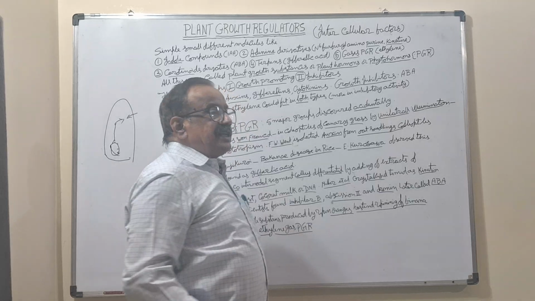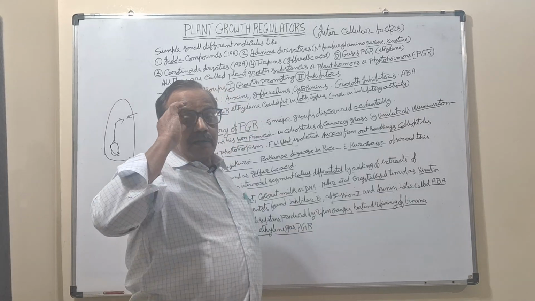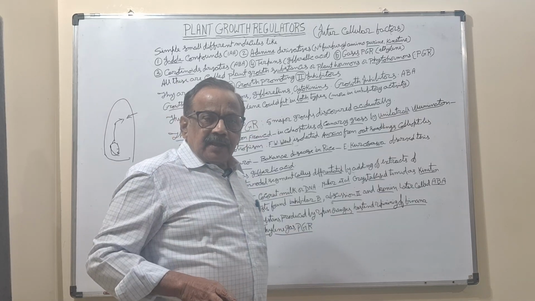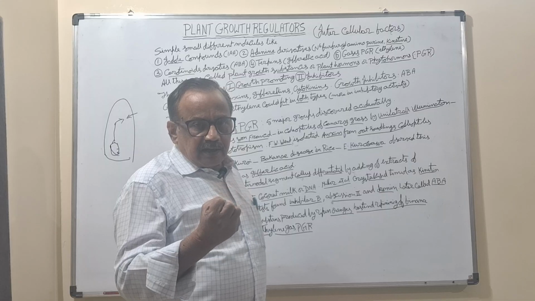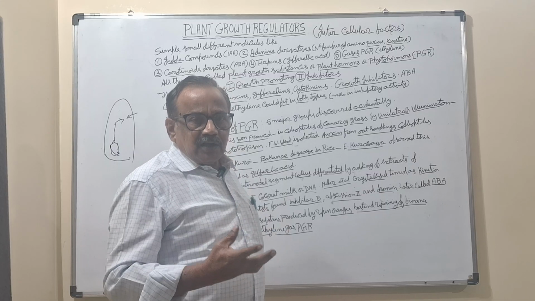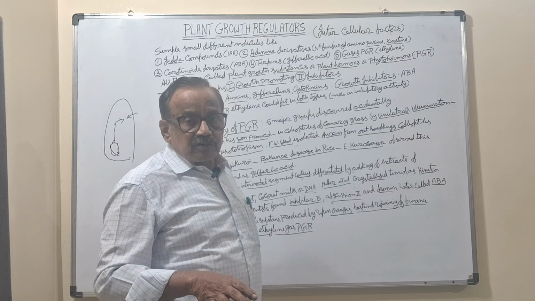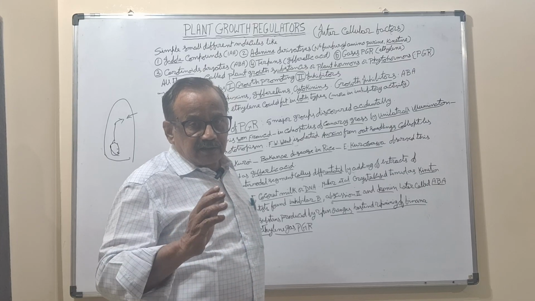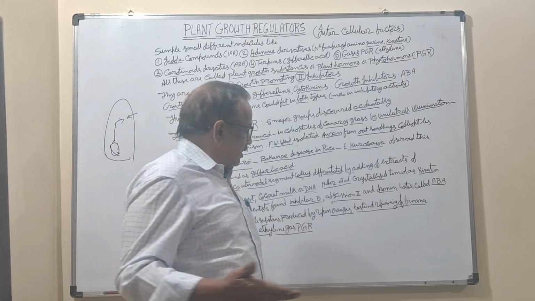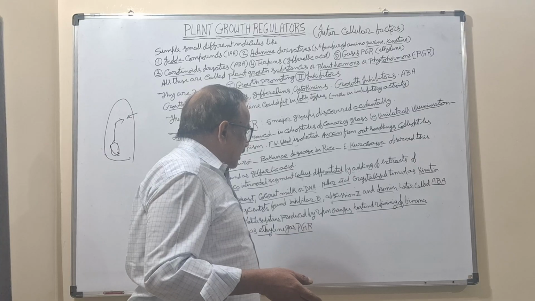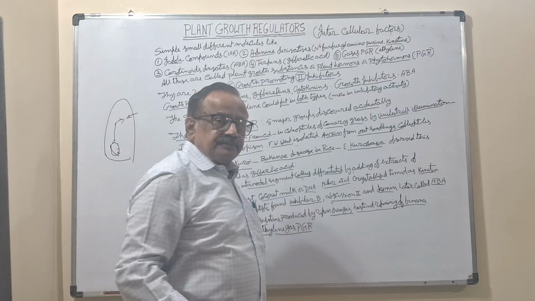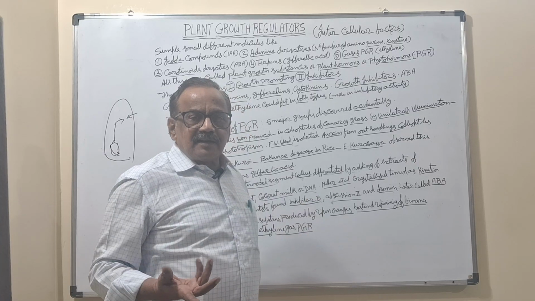Inhibitor B is used to inhibit in unfavorable conditions, such as the closing of the stomata, which you already studied. And when a wound is formed, at that time also it inhibits the growth, meaning growth should not happen there. Next is abscission 2. What is this abscission?